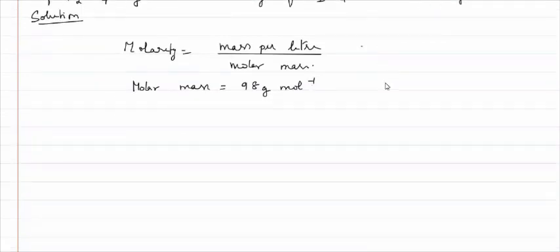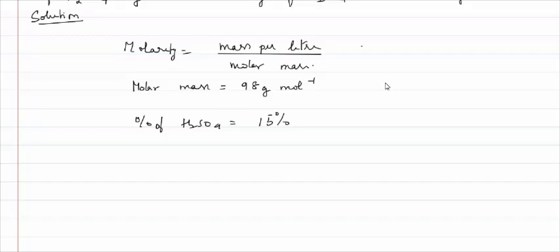Now for that, its percentage is given as 15%. Percentage of sulfuric acid is equal to 15%. It means that if you take 100 grams of the solution, it contains 15 gram of sulfuric acid.